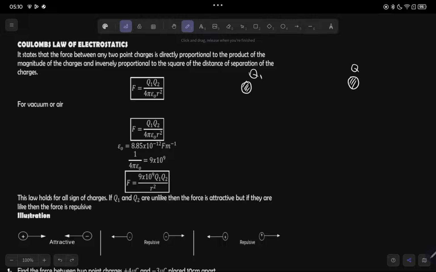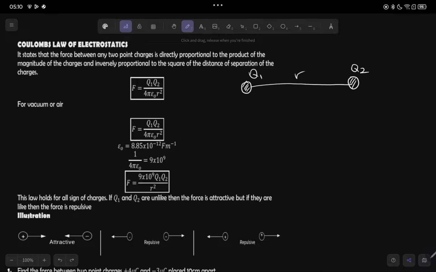You don't need to mind about the sign of the charges. They might be opposite, they might be similar charges. If they are opposite, you'll get an attractive force between them, and if they are like charges, you'll get a repulsive force between them.